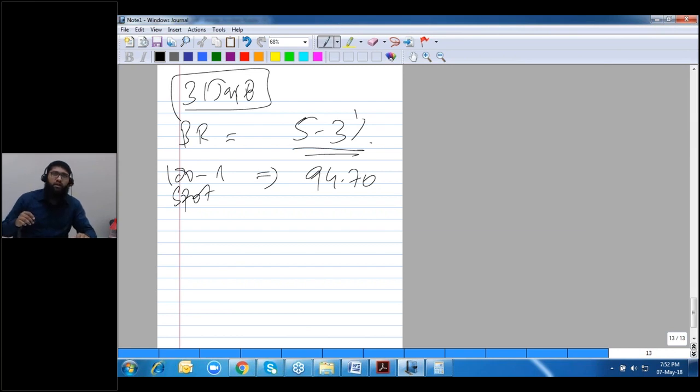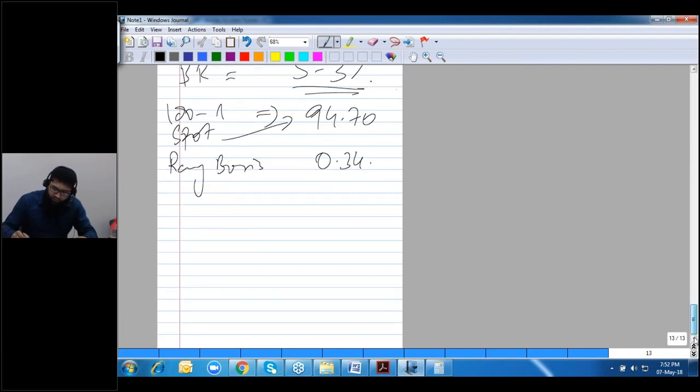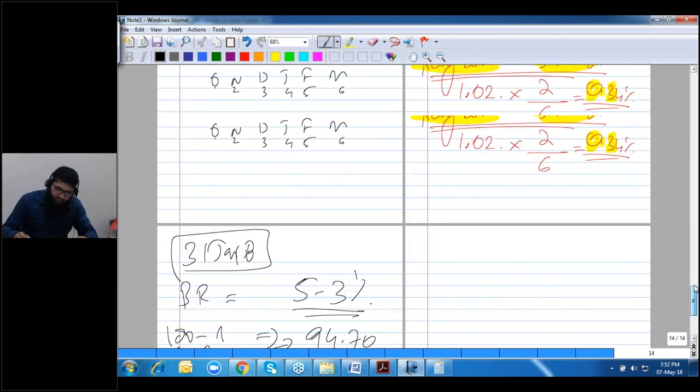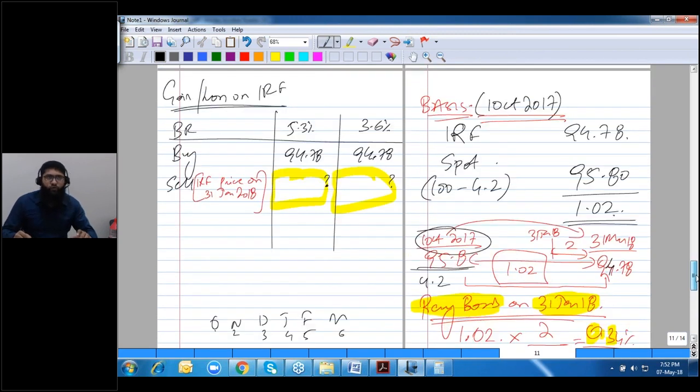If the spot is 94.70, then what is actually going to happen is that we would say that the remaining basis is 0.34. A very big question that arises is, are we going to add the remaining basis or are we going to deduct the remaining basis?